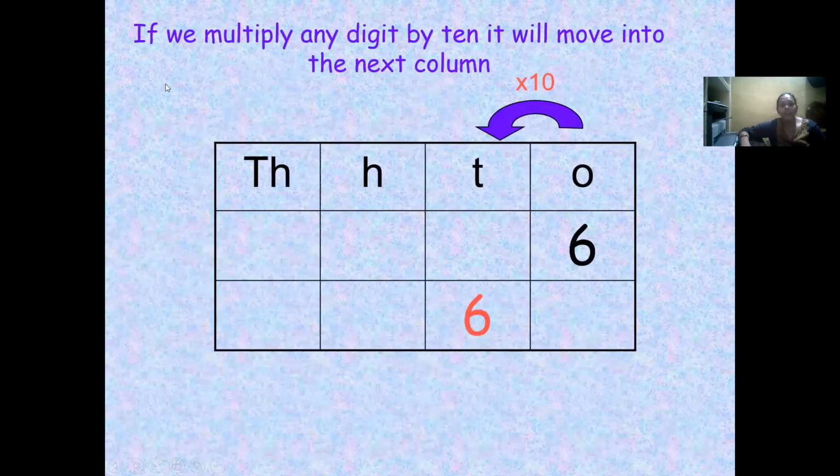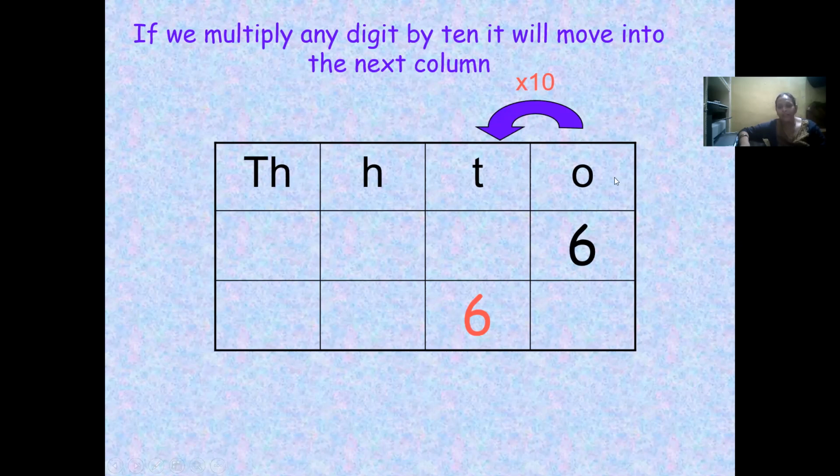So from there, we have learned that if we multiply any digit by 10, it will move into the next column, right? Move into the next column.